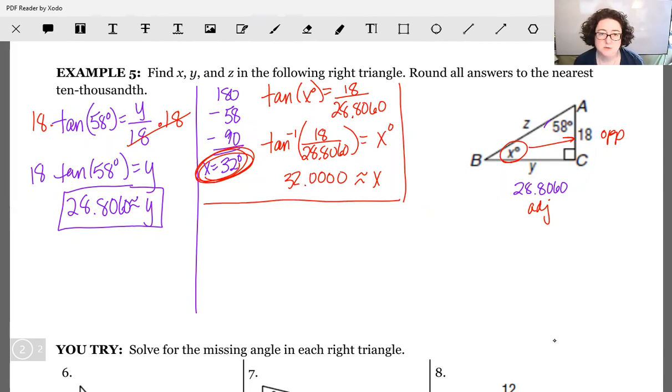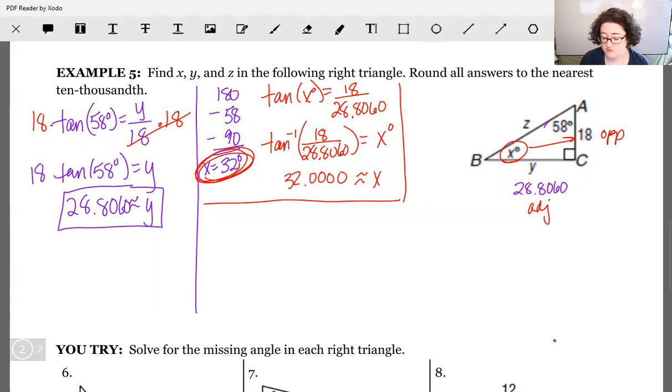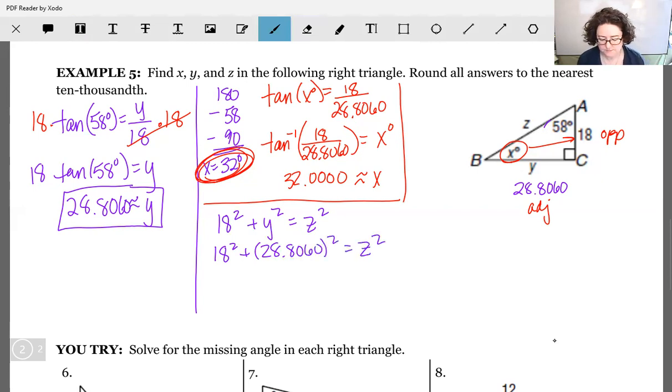And so then again, 2 methods that we could use. We could use Pythagorean Theorem on this one if we wanted to. So let's go ahead and do that. So we know that our 2 sides, our 18 squared plus our y squared, should equal our z squared. And so now we just have to plug in the numbers that we know. So 18 was already there. Our y, we came out with 28.8060 squared equals z squared.